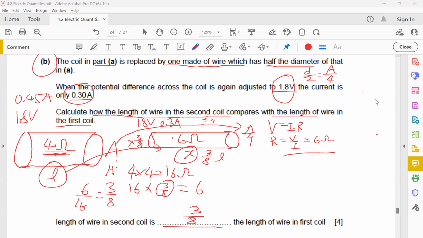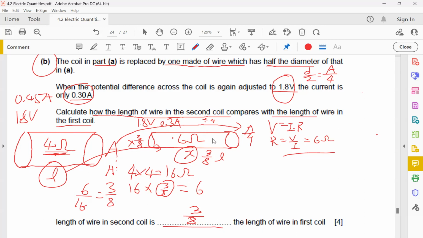What is the times? Which one? 3 times 3. Because originally, I don't know how much the new length is. But I know for a fact that by just comparing the area, the resistance becomes 16 ohms already. But I know that the final resistance of the wire should be 6 ohms. So if this thing is like 100 meters long, this thing should be shorter.